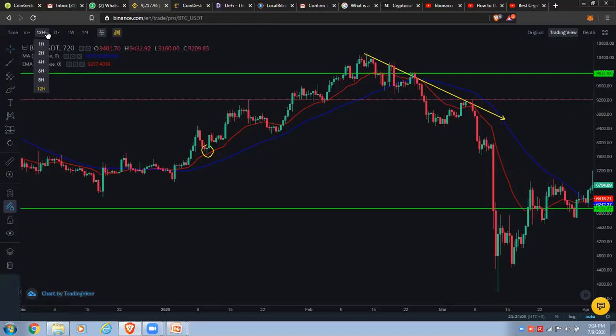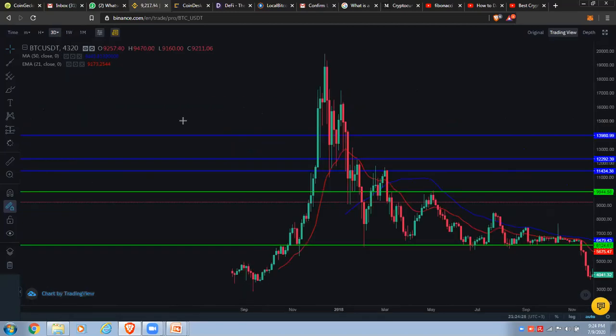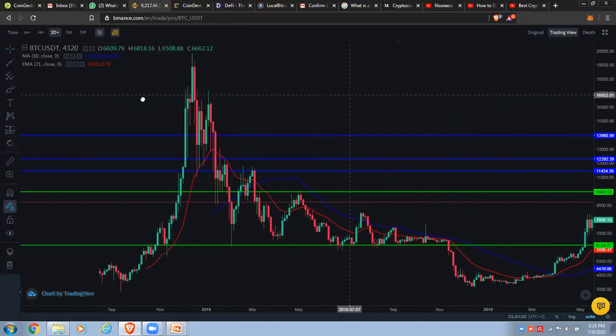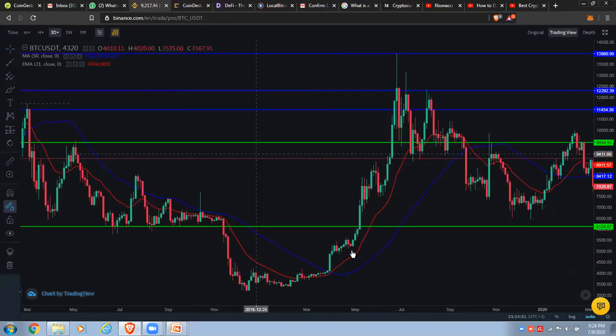If you move your candlesticks to 1, 2, 3, 4, you move to daily or 3-day and stick to the same position. I wish I had crammed the date. It was around this area.